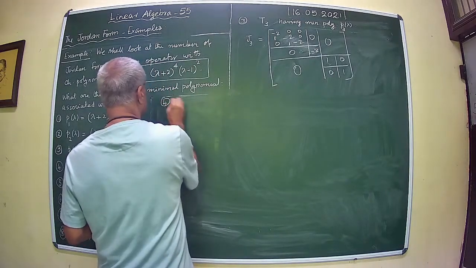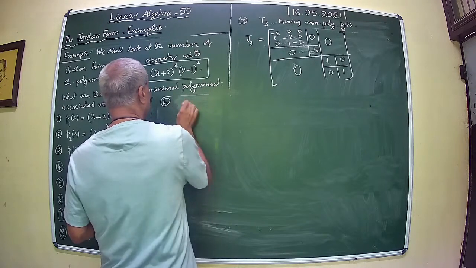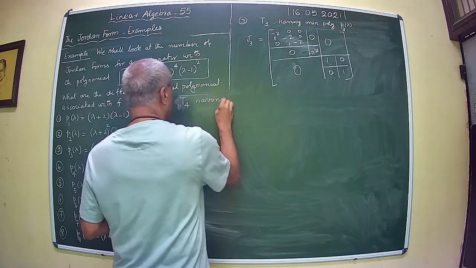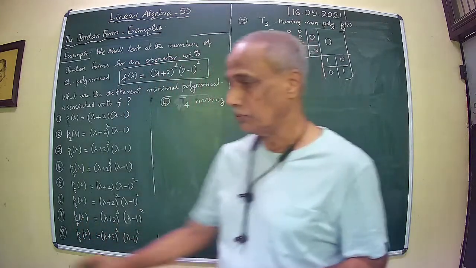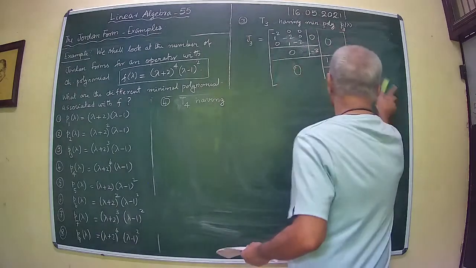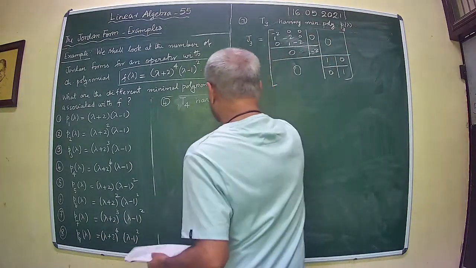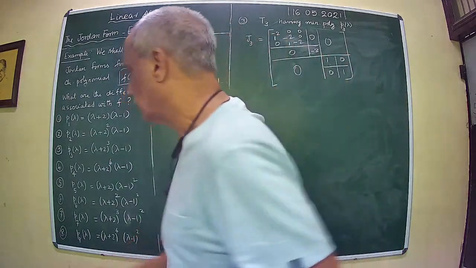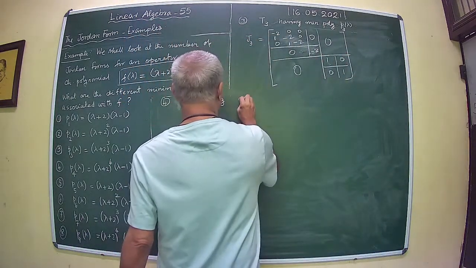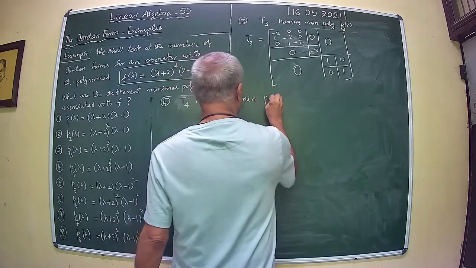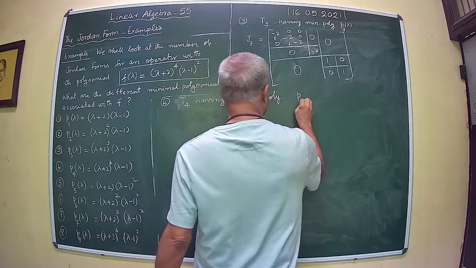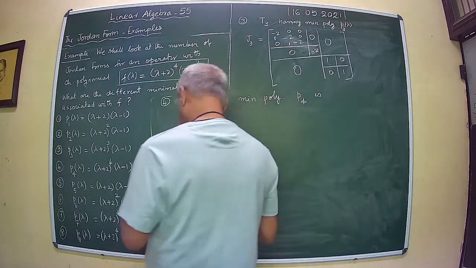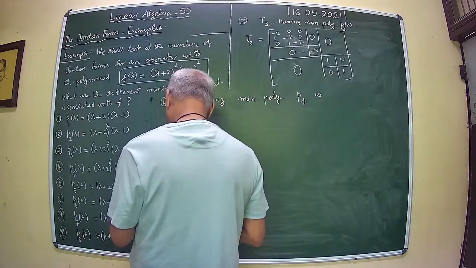In the fourth case, we have T4 having the minimal polynomial. T4 is simple. It just comes out to be this.